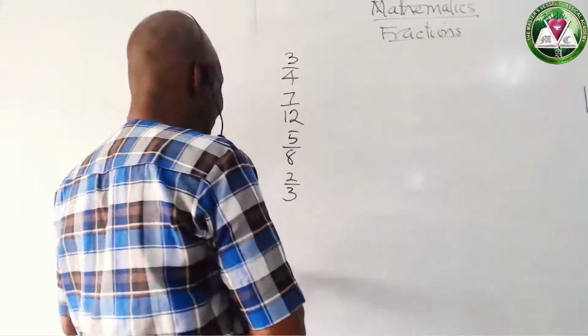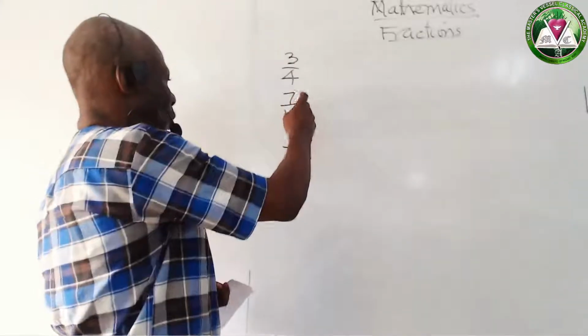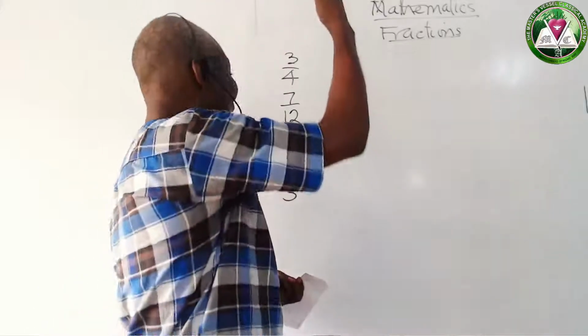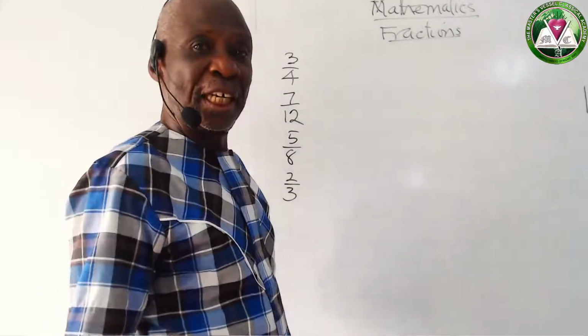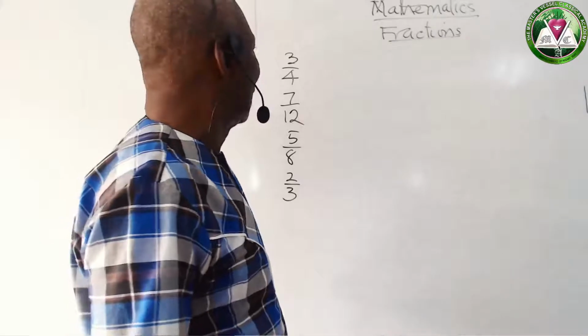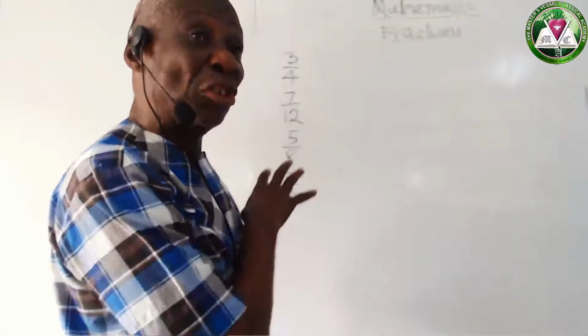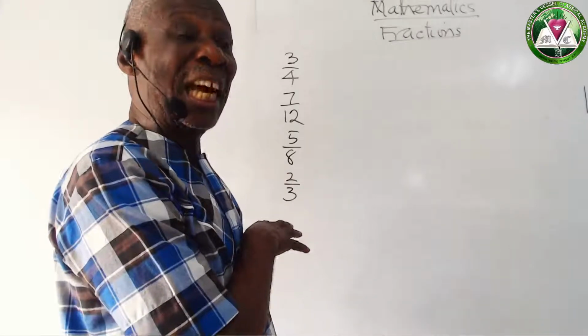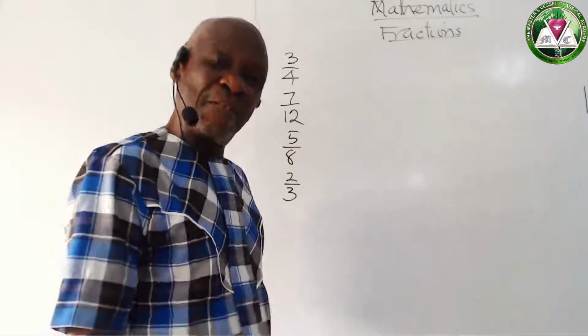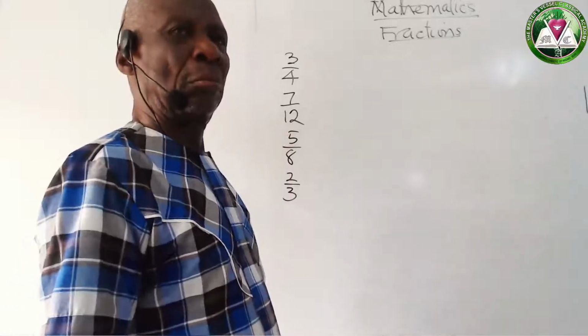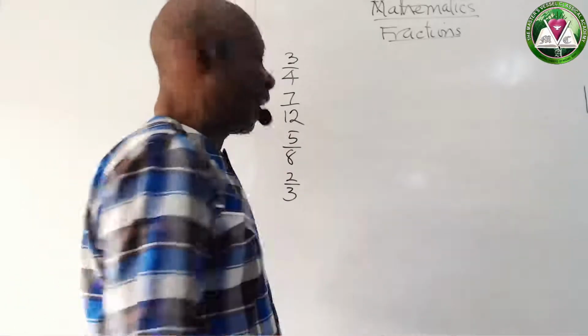How many fractions do I have on the board? 1, 2, 3, and 4. They want us to arrange these fractions in order of magnitude. It therefore means that we have to look for the equivalent fractions of these, and the equivalent fractions will have a common denominator for all.